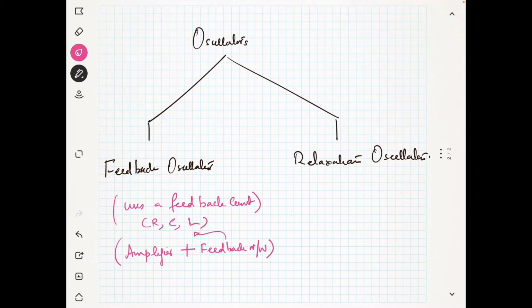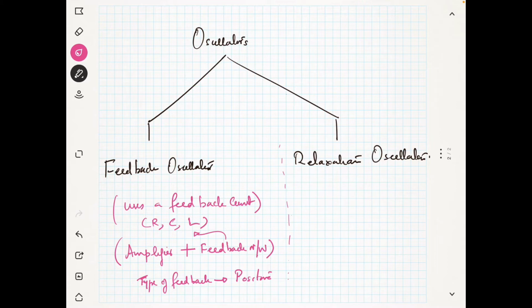And usually the type of feedback used is positive feedback. You see here, now we are using positive feedback. As far as a simple amplifier is concerned, we were using negative feedback. Now we are using positive feedback in oscillators. This is one of the uses of positive feedback.